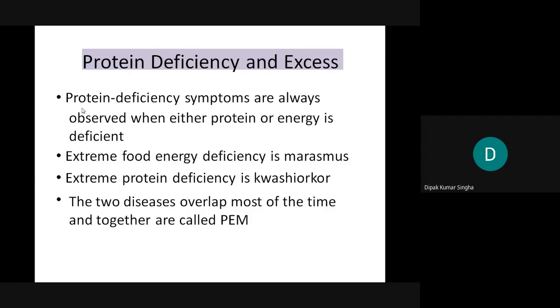Protein deficiency symptoms are always observed when either protein or energy is deficient. In marasmus there is extreme energy deficiency, a very weak person, and in kwashiorkor there is extreme protein deficiency. We remember it as marasmus and kwashiorkor, two protein disorders.